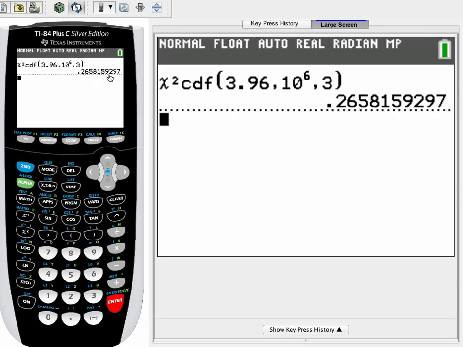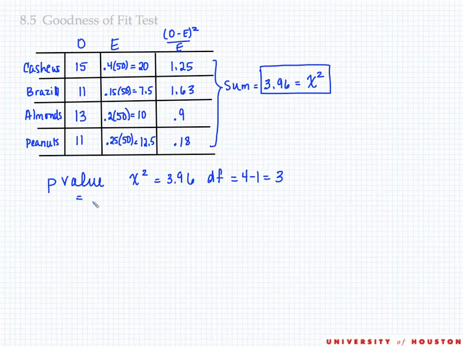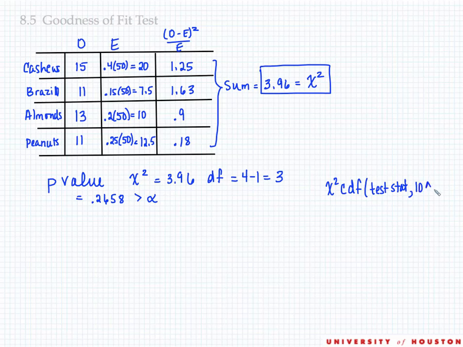This is our p-value right here, 0.2658. This is definitely greater than our alpha, which was 0.05. So once again, we did chi-squared CDF, our test statistic, some large number, and then our degrees of freedom.